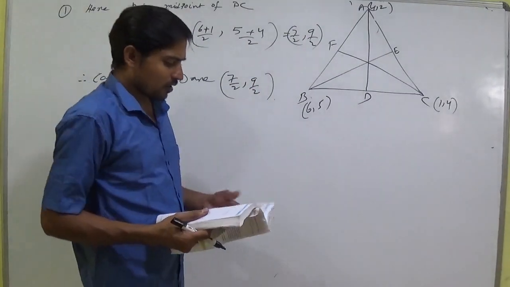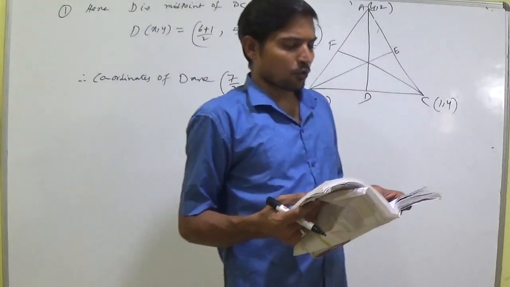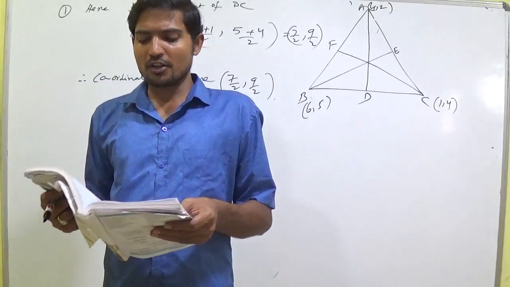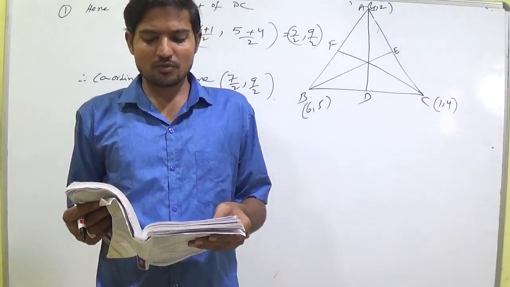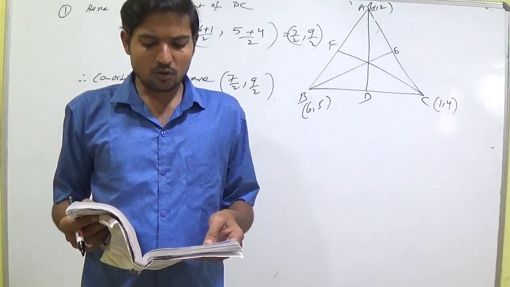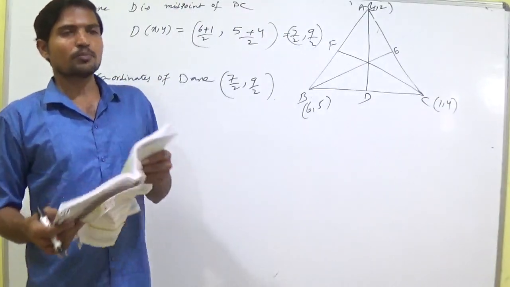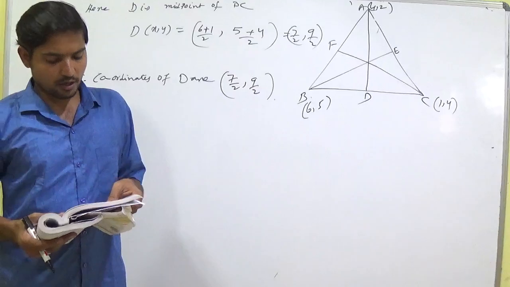The remaining second one: find the coordinates of the point P on AD such that AP to PD is 2:1, the centroid. So P is a centroid.